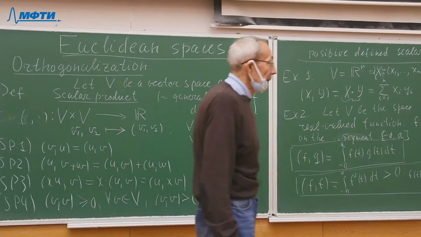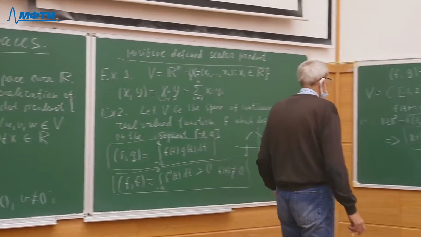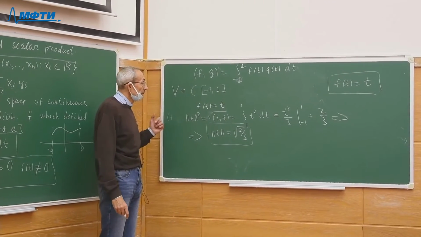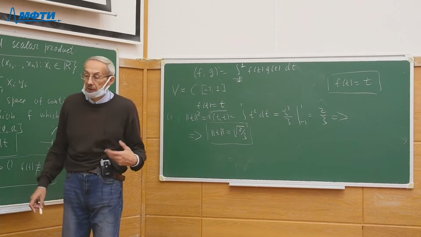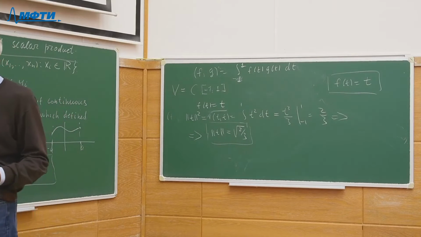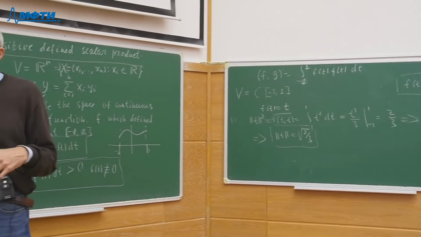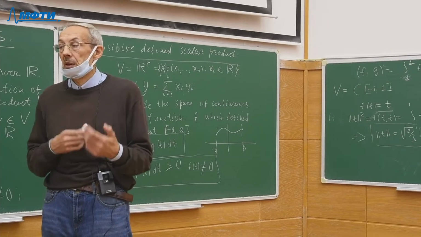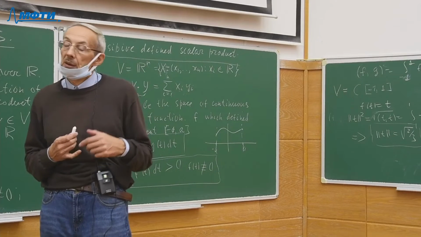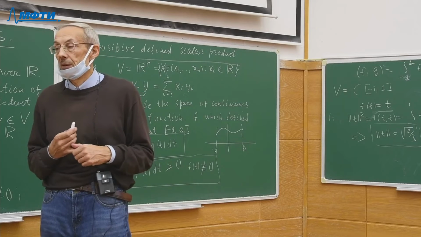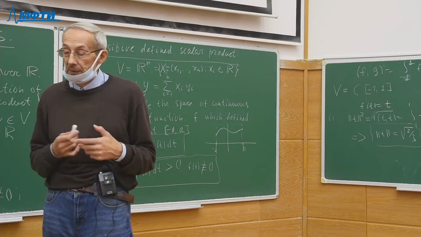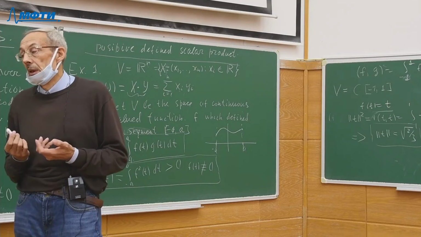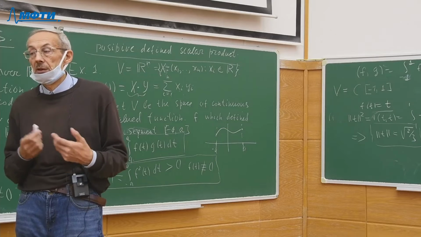It is easy to see that the notion of the norm and the length depends on the scalar product. We can introduce the scalar product by different formulas, and in this case we obtain different Euclidean spaces, and in these different spaces a function can have different norms.